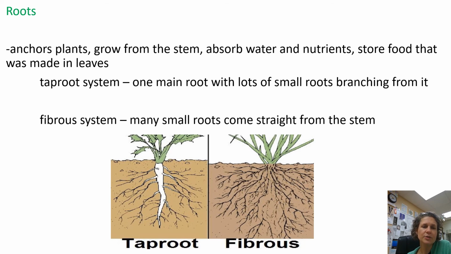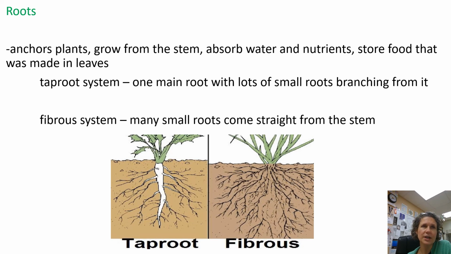There are two main types of roots: the taproot, which is one main root with little branches coming from it, or the fibrous system, which is many small roots coming straight from the stem. For the taproot, it's easiest to picture a carrot. Fibrous roots are like what grass has.